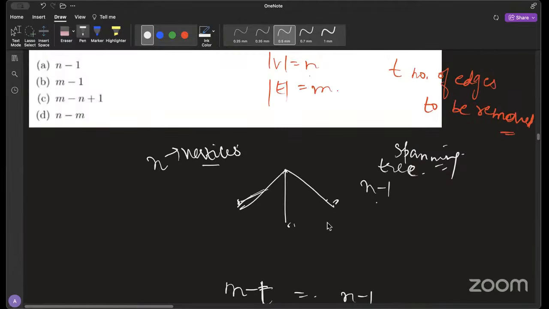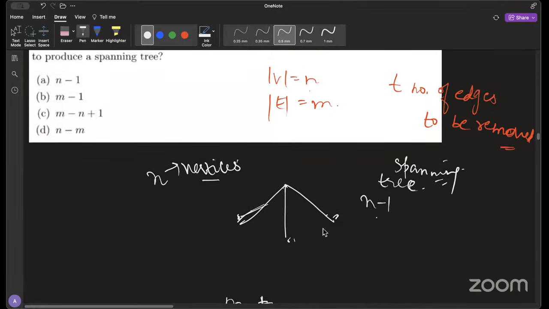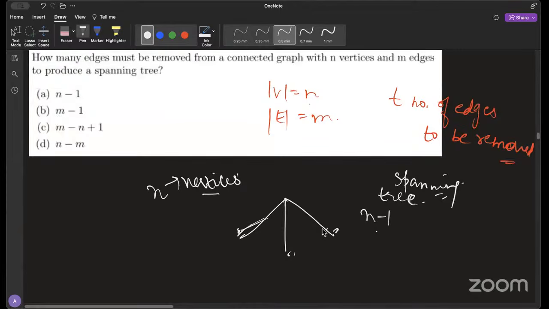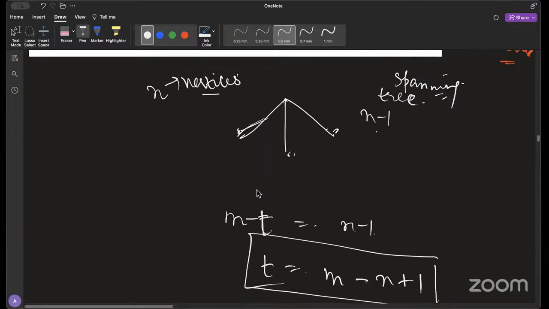Now let's come to the doubts that some people had. Ma'am, initially I thought that m should be greater than n minus 1. But here in the question, it is given that it is a connected graph.